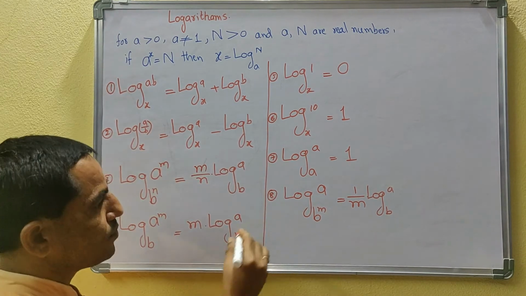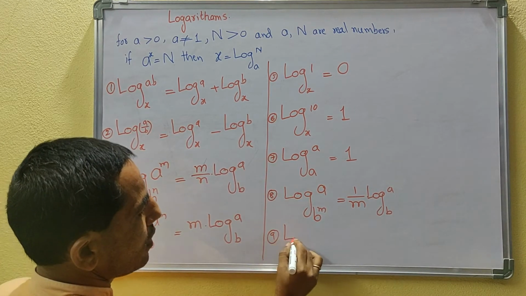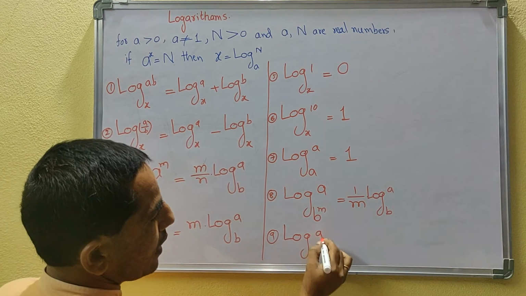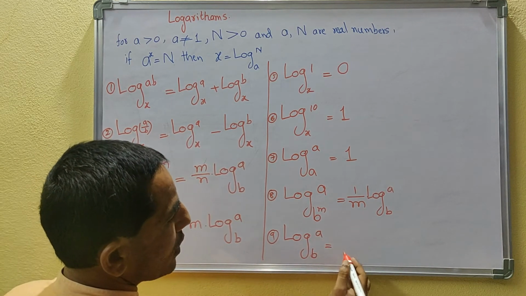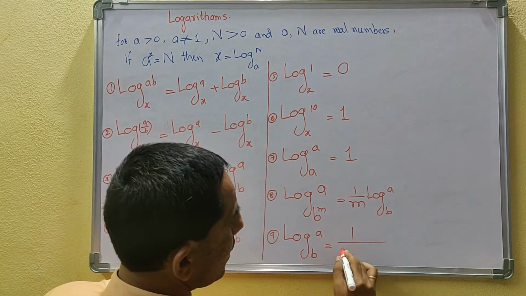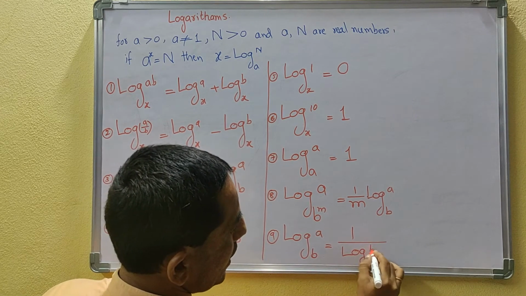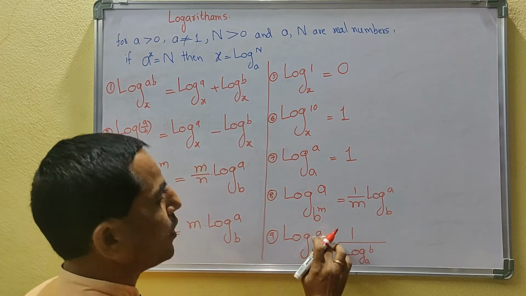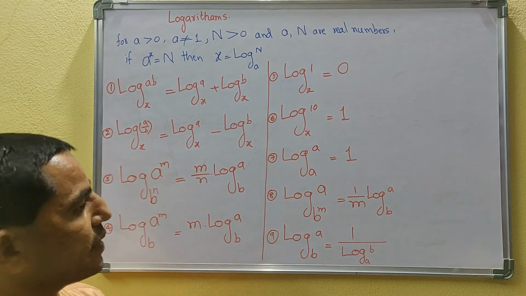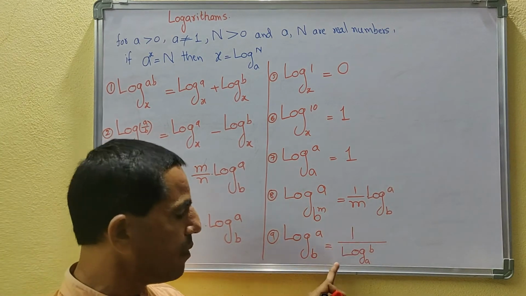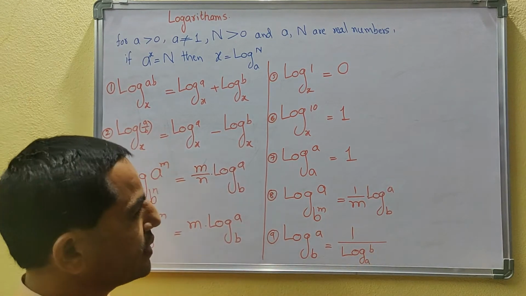Next one, ninth: log a base b is equal to 1 by log b to the base a. Here the values are interchanging. Log a base b is equal to 1 by log b base a.